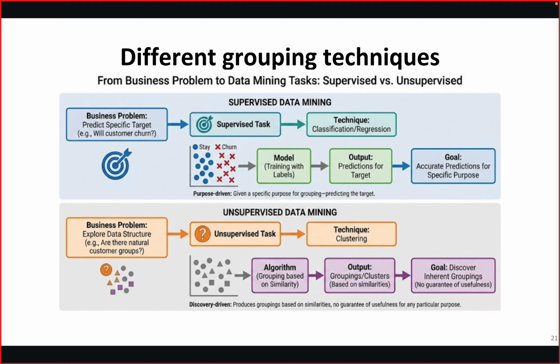For the first one, predicting a specific target, will the customer churn or stay doing business with you, we need to do supervised data mining. The model is trained with labels. Machine learning means we give labels and train the model. So we have two sets of data.